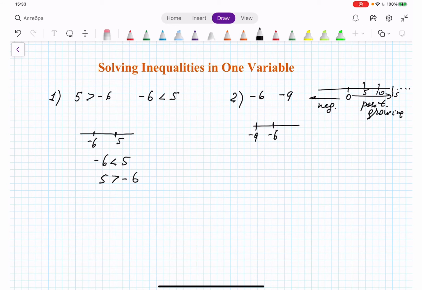Negative numbers decreasing, like negative 2, negative 4, negative 6, and so on. Which means negative 6 is going to be to the right of negative 9. So since we have negative 6, that means it's going to be greater than negative 9, right?